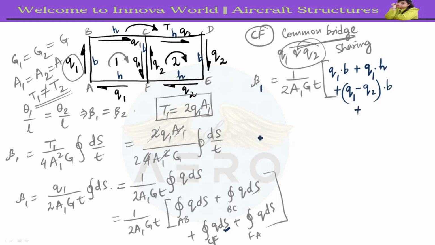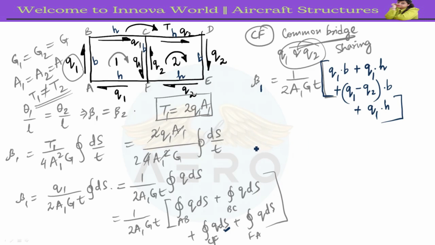Plus the next one, FA, is again q1 into h. Now this will be the value of theta 1. Some problems will give you the value of q1 and the dimension of b, and you apply all these things and find the theta value. Is theta 1 clear?